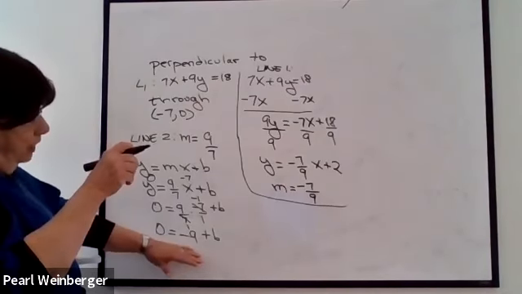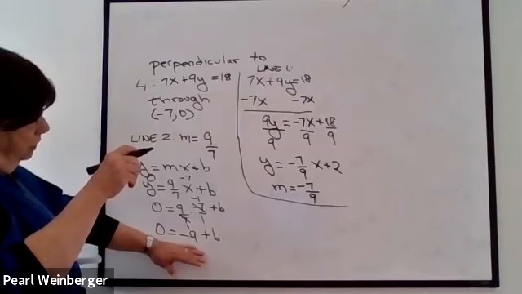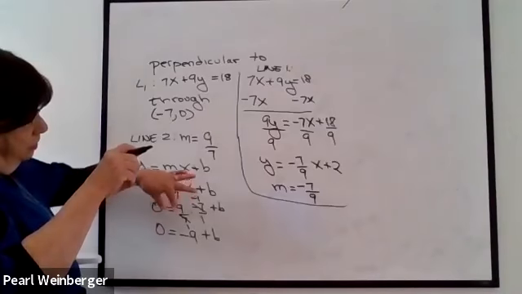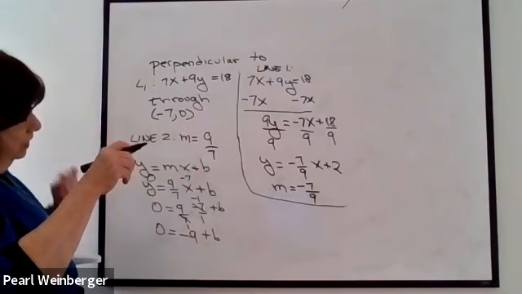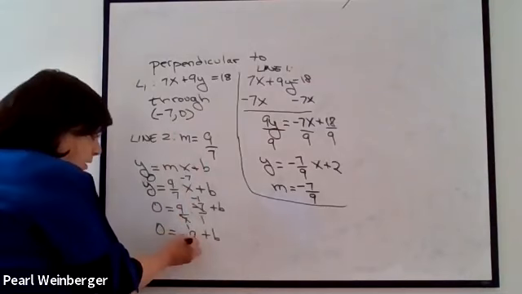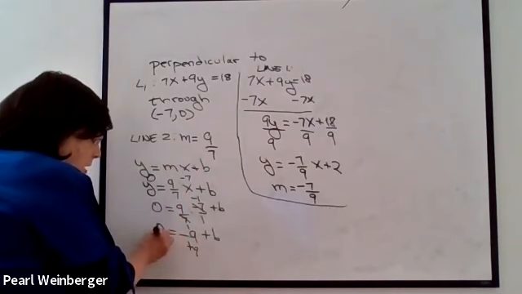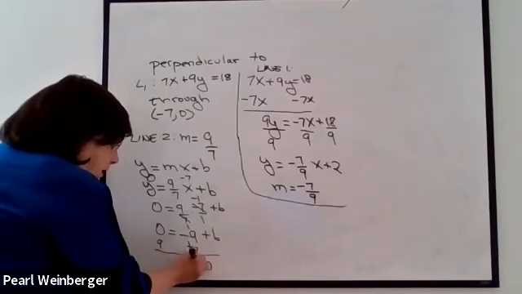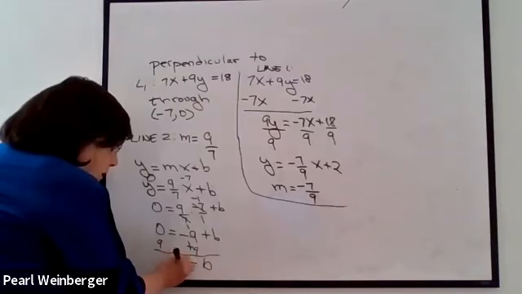And of course, then what I can do is get the b. This was easier than the other one because the fractions canceled out. Add 9 to both sides, which gives me the b equals +9.